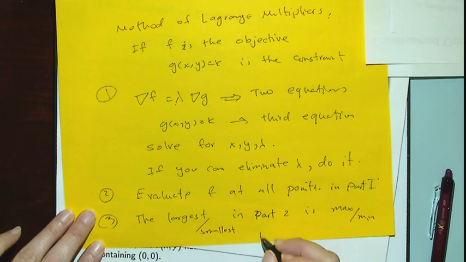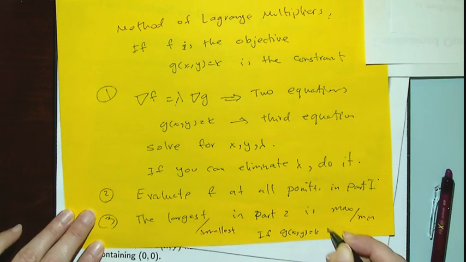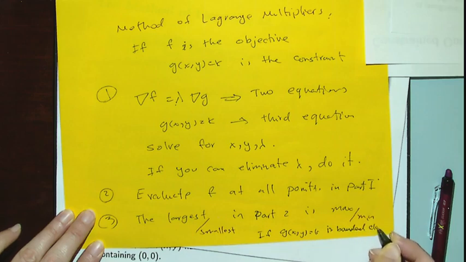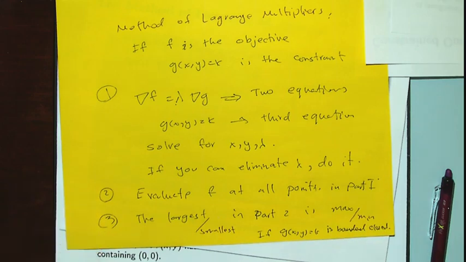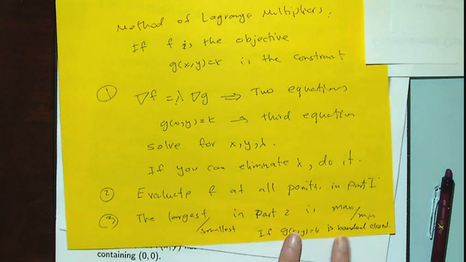The condition is if g of x and y equal to k is bounded and closed. Right? If it's closed and bounded.